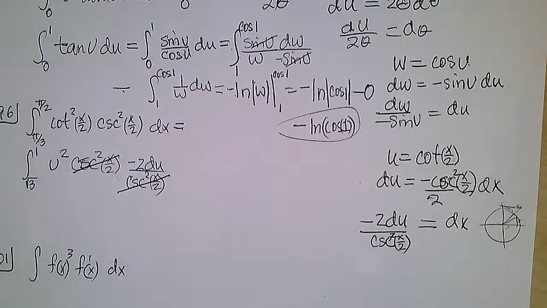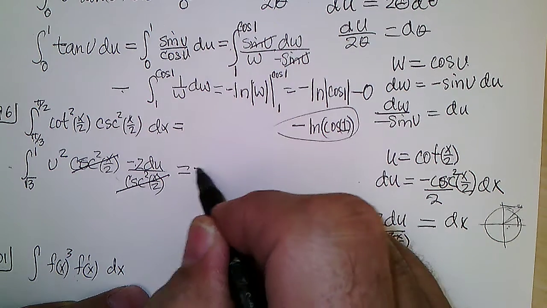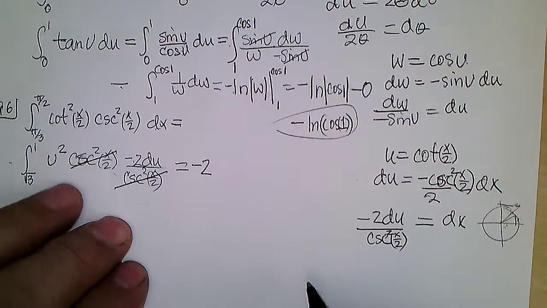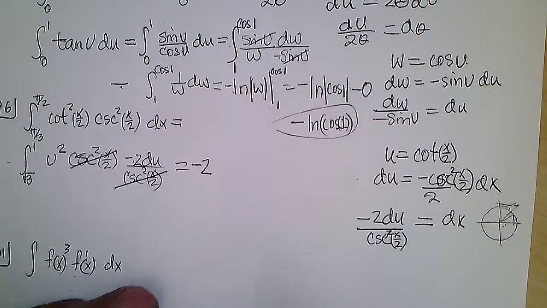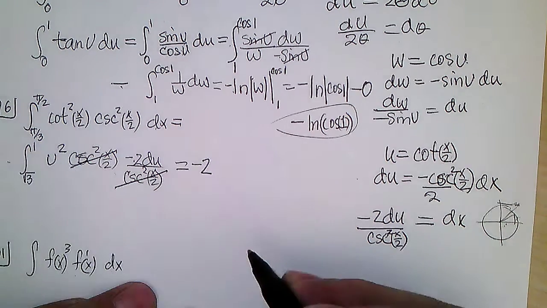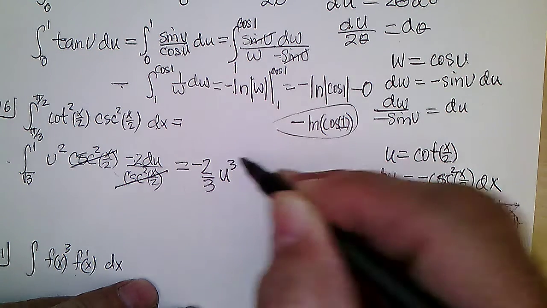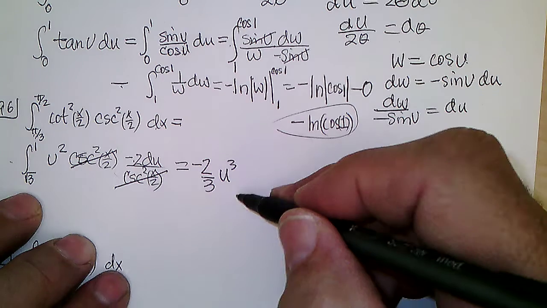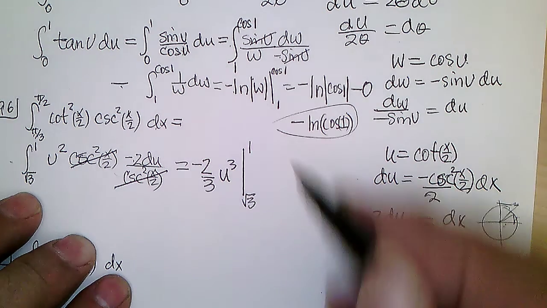Unfortunately, because of our choice of u, those cancel. We can pull the minus 2 out. And the integral of u to the second is, raise that by 1, 3, divide by 3, u to the third. Since I changed the limits, I can just evaluate that from the square root of 3 to 1.